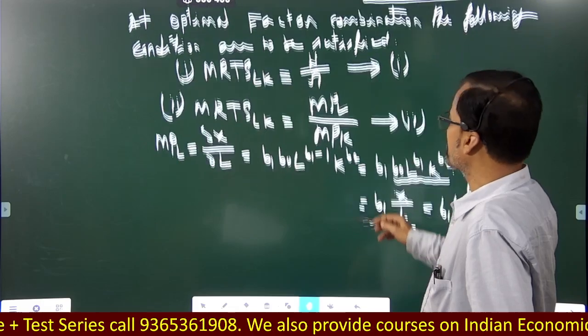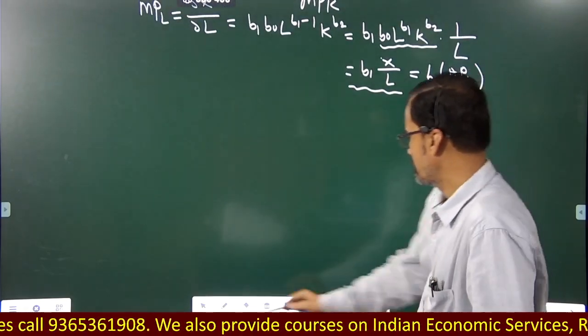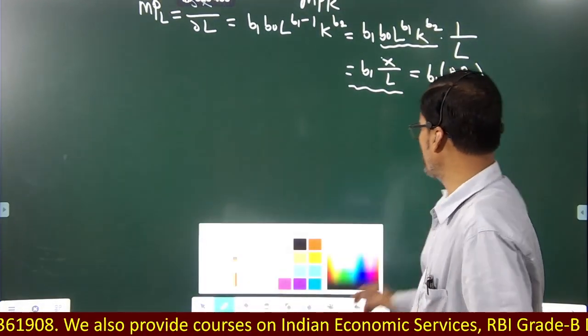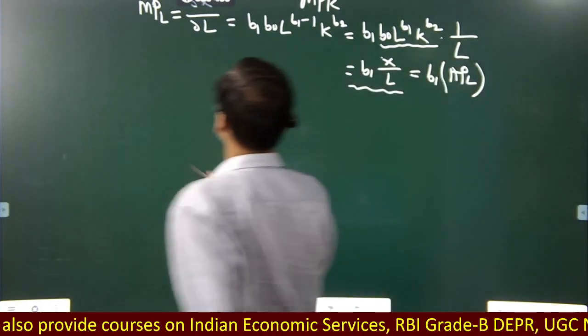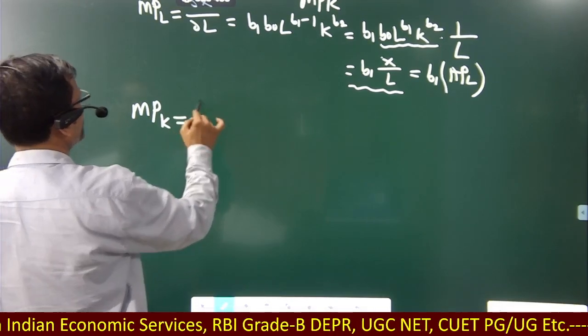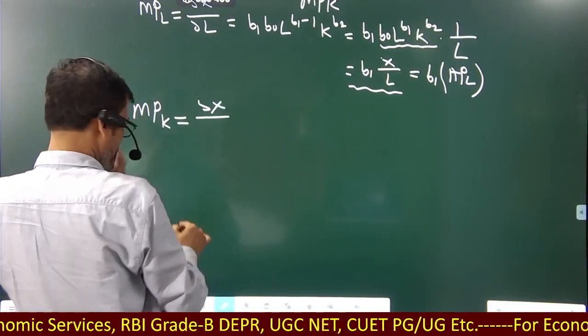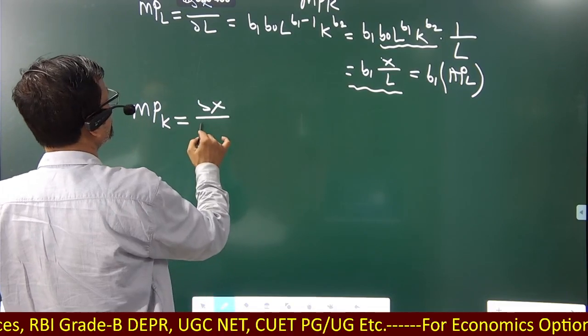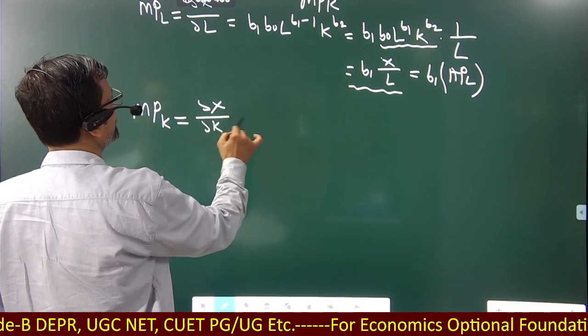Now similarly we can find the marginal productivity of capital, by differentiating the production function with respect to capital.